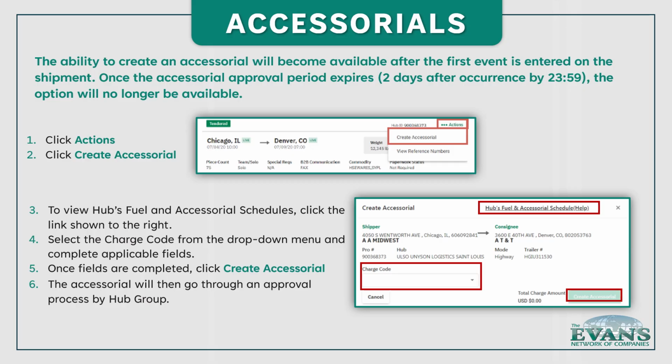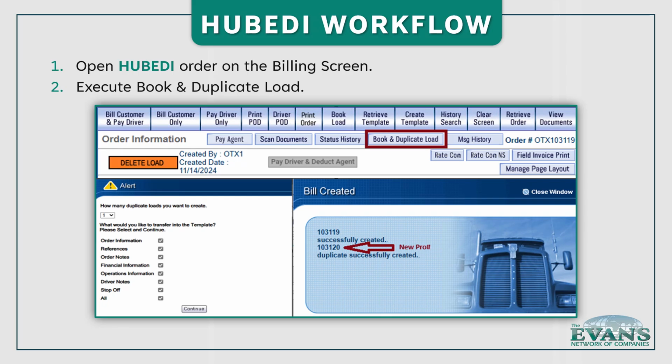Click the link which is shown here on the right, select the charge codes from the drop-down menu and complete the applicable fields. And then once those fields are completed, you'll click Create Accessorial. The accessorial will then go through an approval process by Hub Group, which is why you need to notify them that they have accrued accessorial charges.